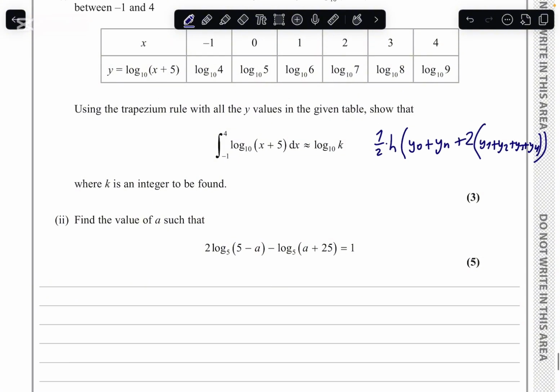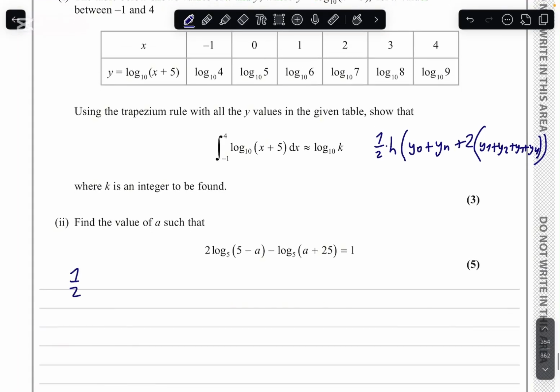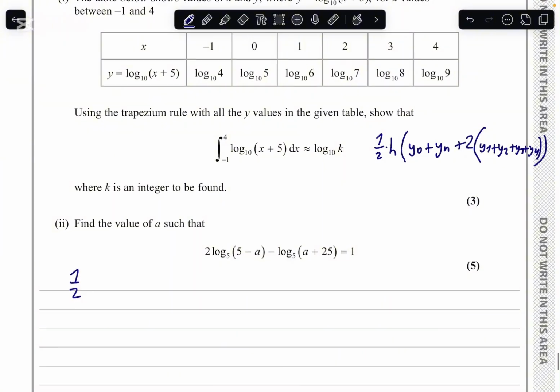If we put all the values inside, we will get a solution to that. So 1 over 2, we said the height is the difference here, which is 1 in this case. So we don't even have to write that, just leave it with 1 over 2.